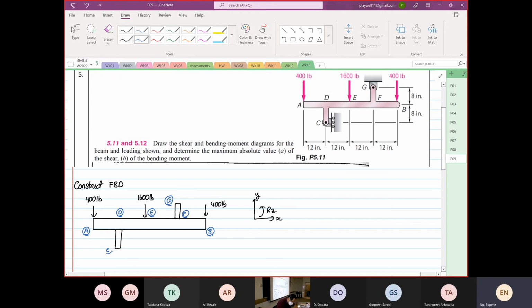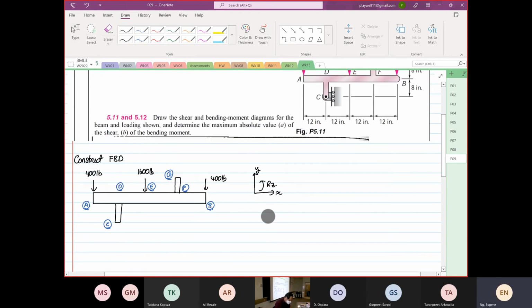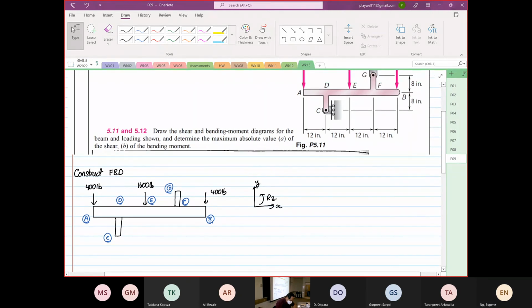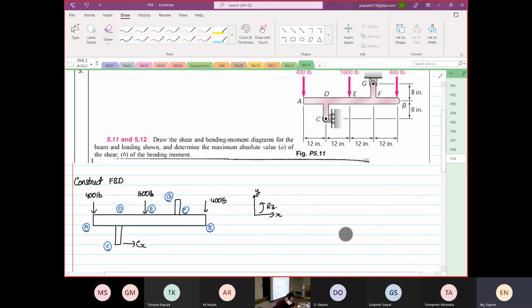So point C is allowed to go up and down, right? It cannot go in and out, it cannot go left or right. So we know there's a reaction at CX. It cannot go in the X direction. It can move in the Y direction.